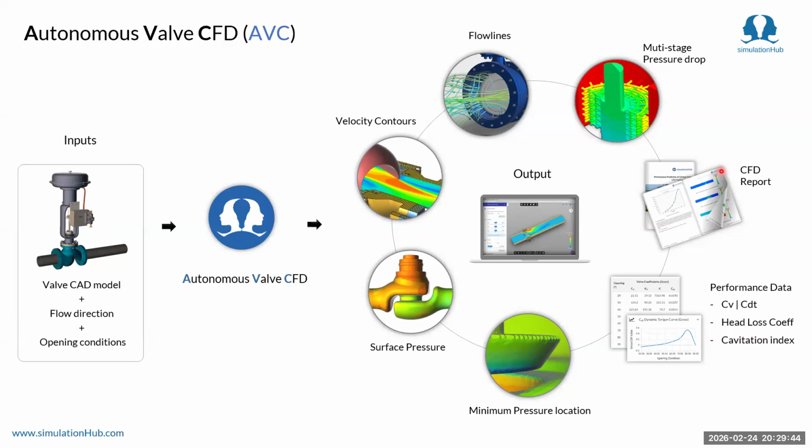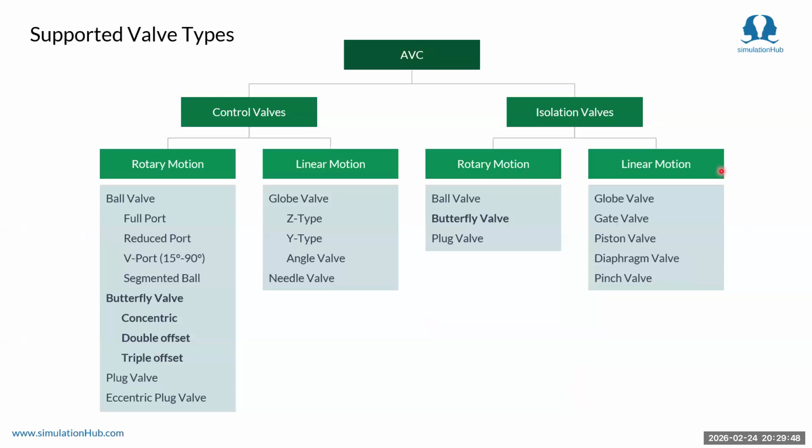So it is ready to submit to your end client. It supports all types of valves: ball valves, butterfly valves, globe valves, all categories. And in today's topic, it covers all the types of butterfly valve.